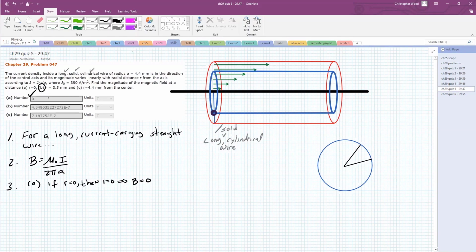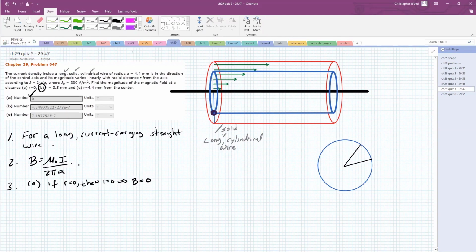If there's no enclosed current, if there's no current at r equals 0, there is no field. And I guess you could argue it's undefined because it's implying you have 0 over 0, which is undefined. But I look at it more from an Ampere's law point of view. At r equals 0, there's no enclosed current.